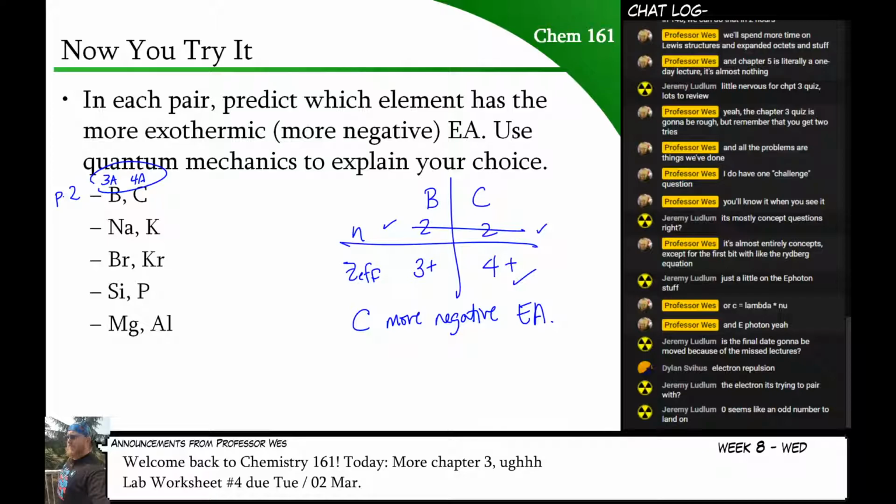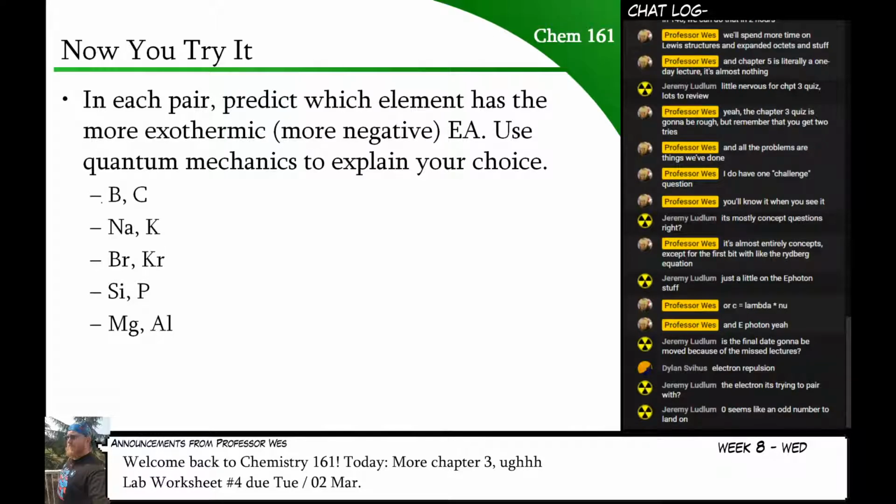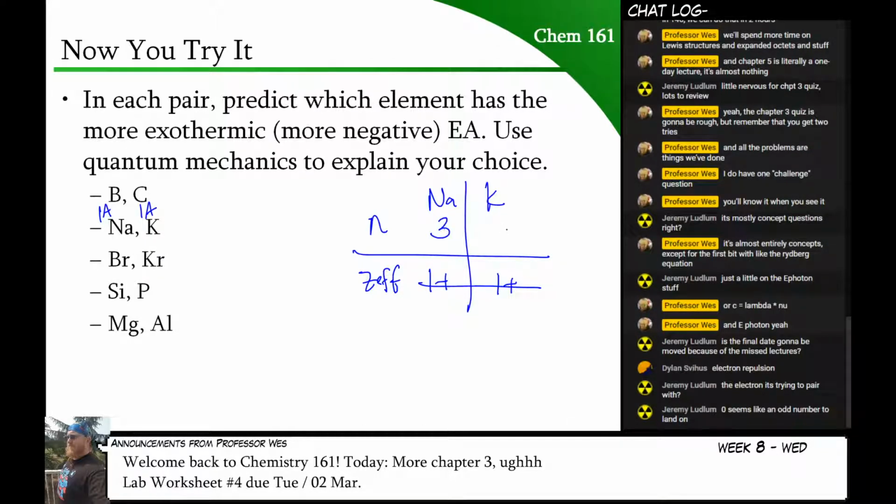Let's look at sodium and potassium. So these are both group 1A. Those aren't exceptions, so let's look at the wash stuff. We don't care about that. They're in period... What is sodium? Sodium's in period 3, and potassium's in period 4. Which one falls further? It'll have the more negative EA.